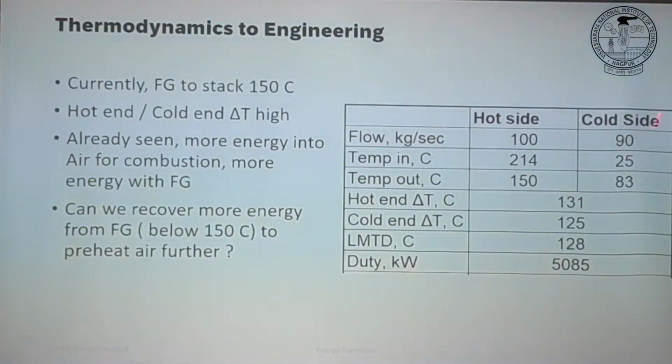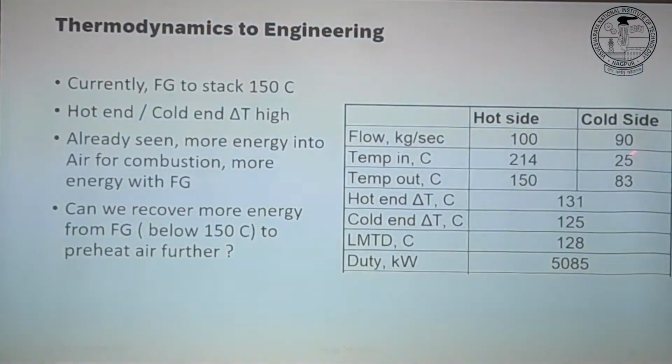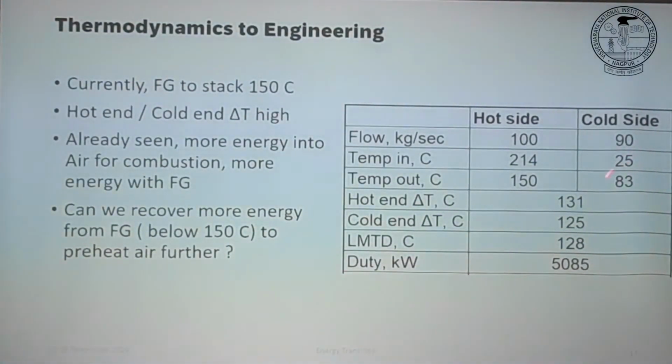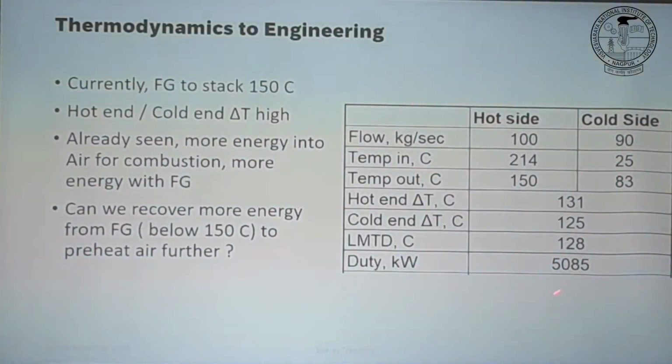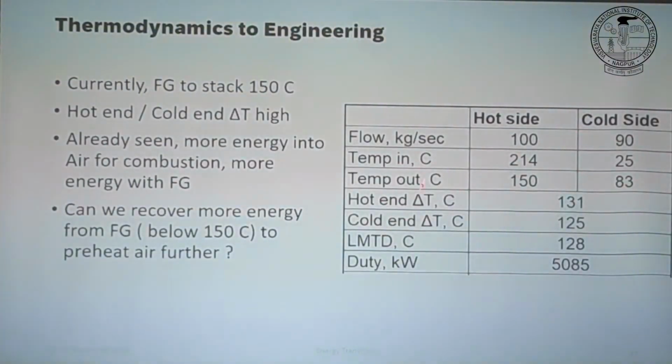So that's the combustion air, 90 kg per second. And if we once again do mCpdT, we know the duty, right? With this duty, once again mCpdT, I know the delta T, and that's the temperature of air, right? Nothing new. Again, applying this hot and cold thing, 131, 125 is good. 128 LMTD. We'll see LMTD a bit later.